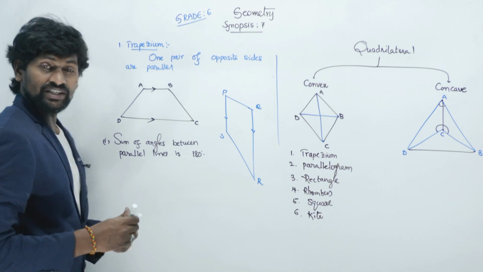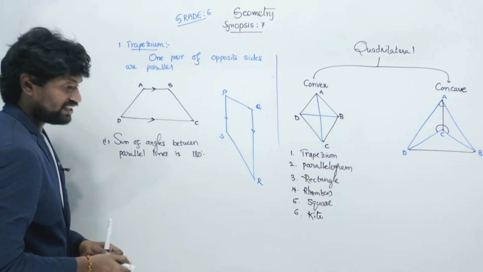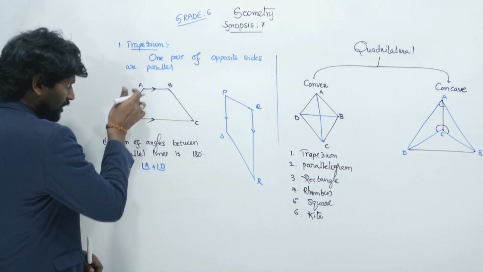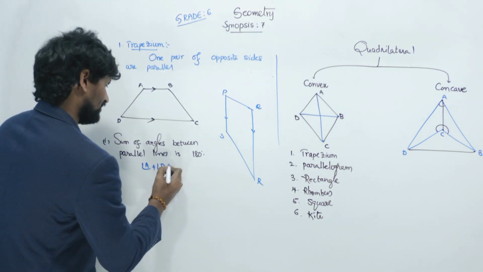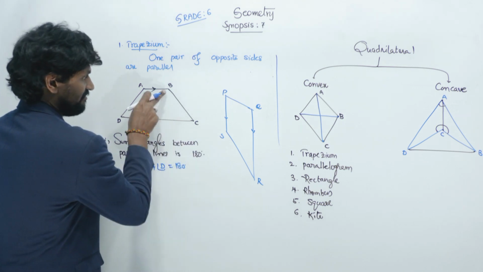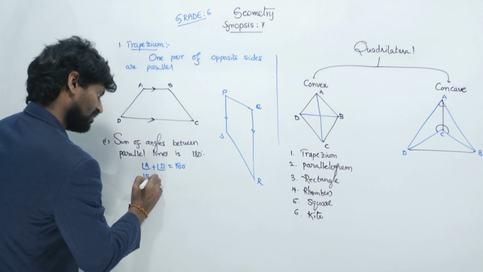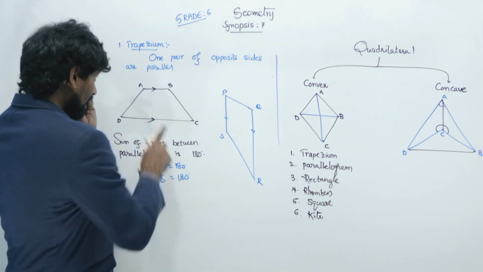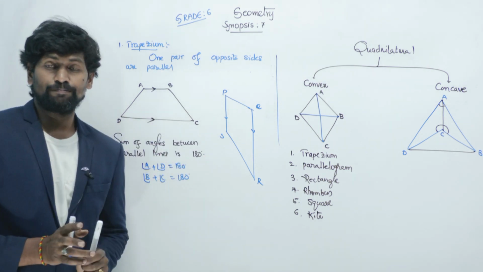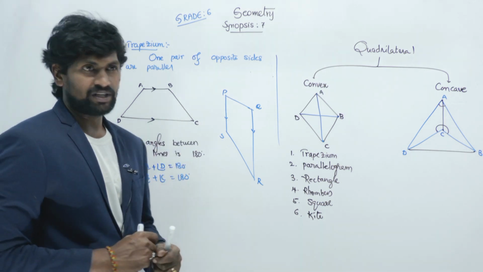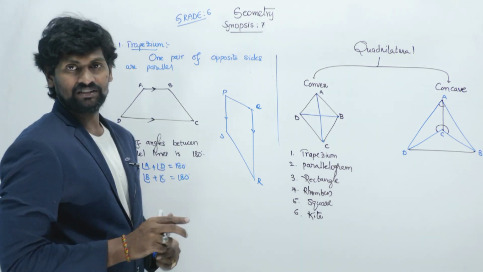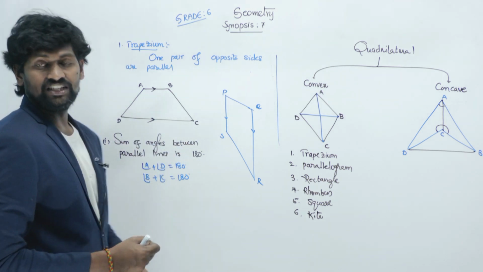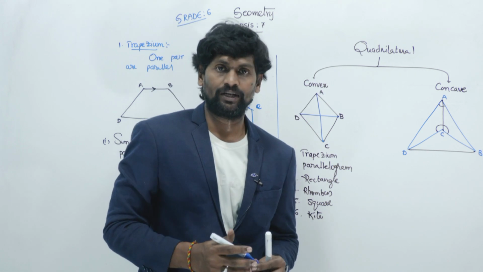That means from this diagram we can say that angle A plus angle D, only these two angles lie between the parallel lines, sum to 180 degrees. In the same way, angle B plus angle C is also 180 degrees. But angle A and angle B never become 180 degrees because they do not lie between the parallel lines. Okay? Right. So the sum of angles between parallel lines is 180 degrees. That is the main important property of a trapezium.